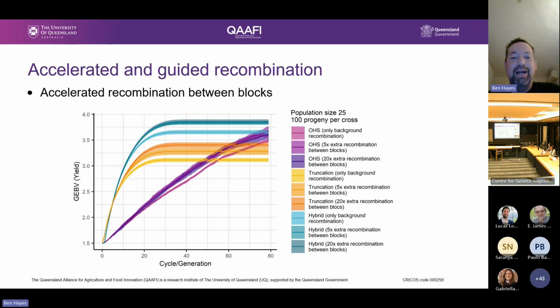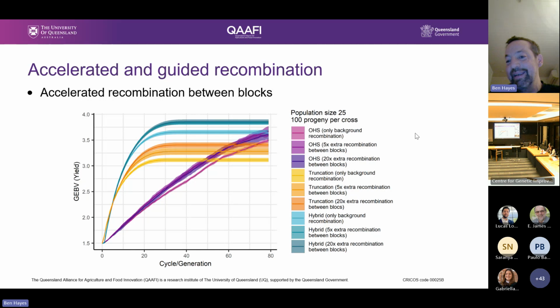And the dark blue line is if you add in extra recombination. So I think 20 times extra recombination there. And you can see it does speed up your genetic gain, but it's really not fast enough.